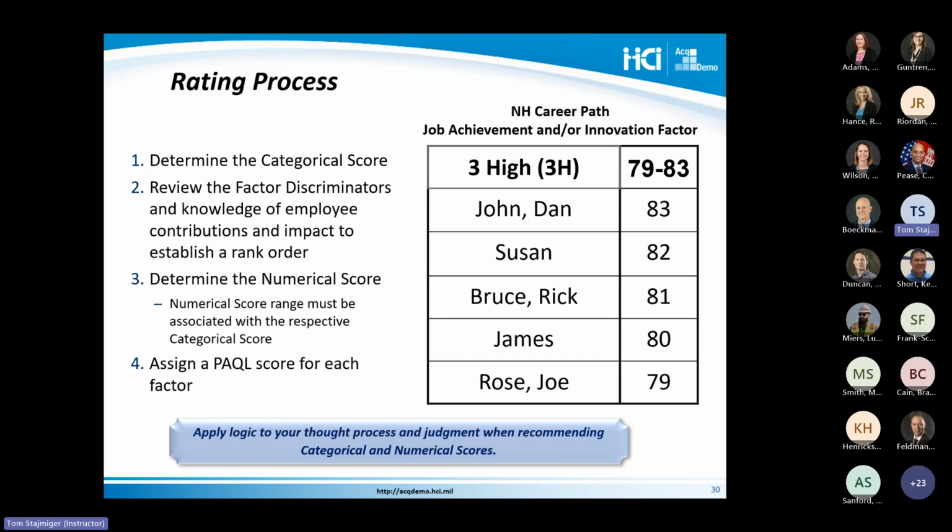So 83 is worth $114,149. 81 is $109,707. So that's a difference of about $6,500. So if they're currently at 81, but they're our top ranked person, we have to decide, should they get 81, 82, 83? What should they get? Let's say that we decided they're underpaid.